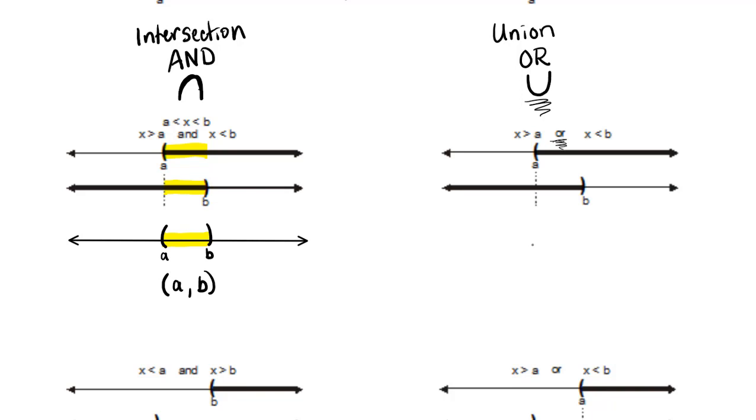A union means you are uniting the A inequality with the B inequality, and you take anything that is true, not just the overlap. So this time we're going to again graph a number line, and we're going to draw A on the number line, moving to the right, and I'm going to highlight that in yellow.